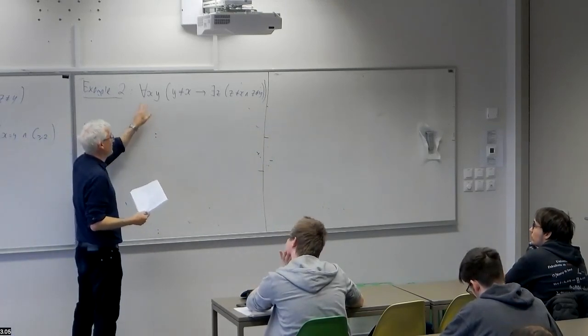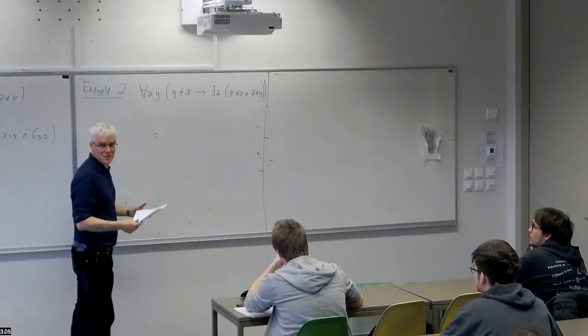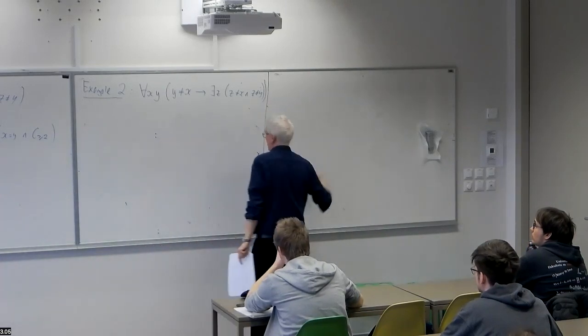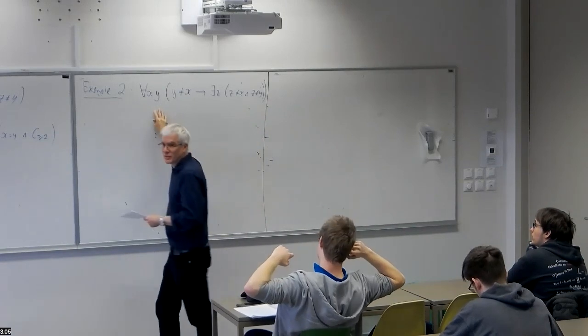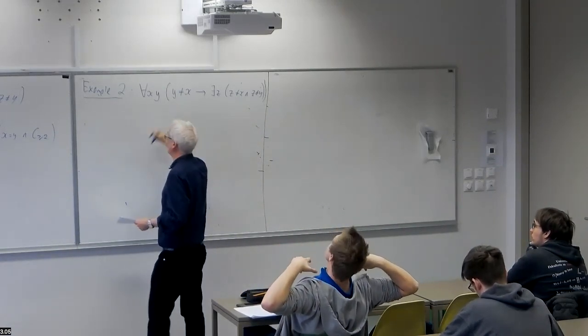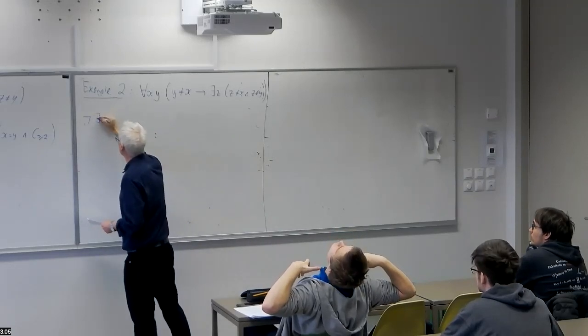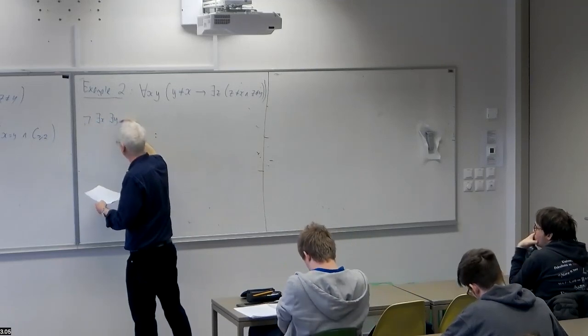So I want to eliminate quantifiers from this using the algorithm we've got, which is basically the proof of the theorem that we had before. The first thing to do is to replace the universal quantifiers with existential quantifiers. So for all x, for all y is the same as not there exists x, there exists y, not.